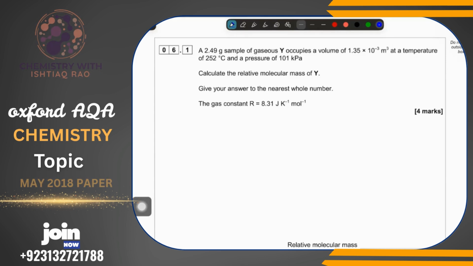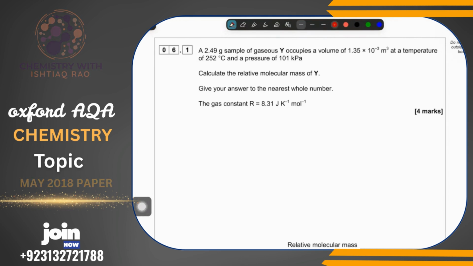But they're asking for the molecular mass, right? So I will do mass over molar mass. Not MR, sorry. I will do number of moles times MR. Yeah, they're asking molecular mass. You can solve it directly as well.